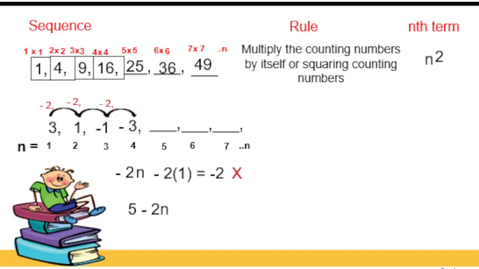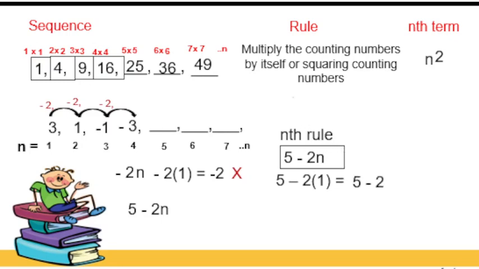Let's check if we are able to satisfy the first term. 5 minus 2n is our nth rule. So 5 minus 2 times 1, the position of 3, is 5 minus 2, which is 3. So we are able to get the first term, which is 3.